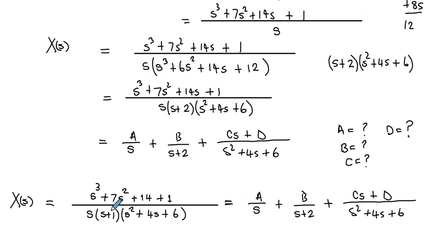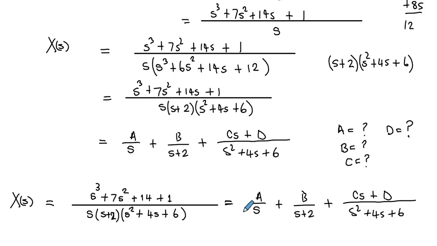We now consider our X of s, which we've got expressed in two ways, as a single fraction and as partial fractions here. Our target is to find these constants which are unknown. So we multiply both sides by the common denominator, which is s, in brackets s plus 2, multiplied by s squared plus 4s plus 6.